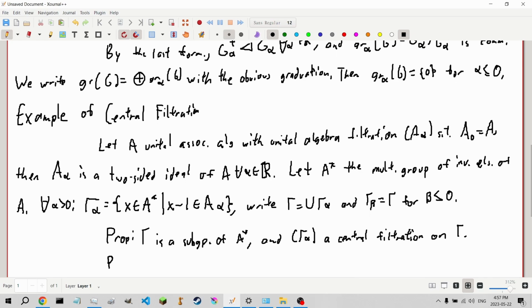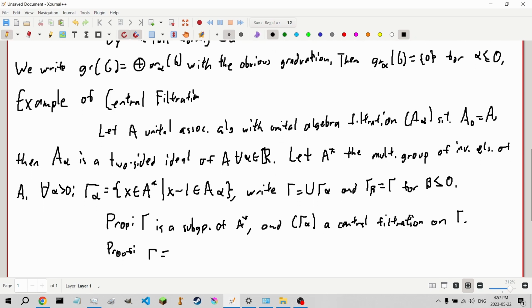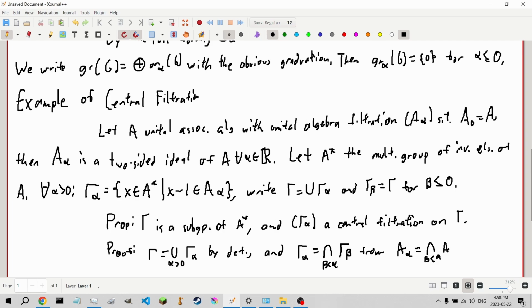And the proof: gamma is the union for alpha positive of gamma alpha by construction. And we get that each gamma alpha is the intersection of smaller gamma betas, from A alpha being the intersection of smaller A betas.